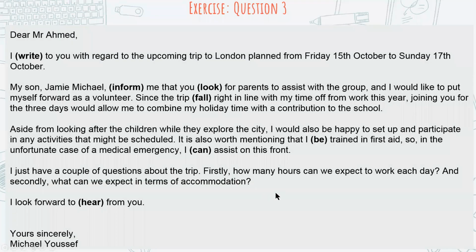So for this exercise, we want to correct the verbs. Actually, we have 1, 2, 3, 4, 5, 6, 7 verbs. Okay, this has to do with grammar, because grammatical accuracy is very important, and you need to understand the differences.